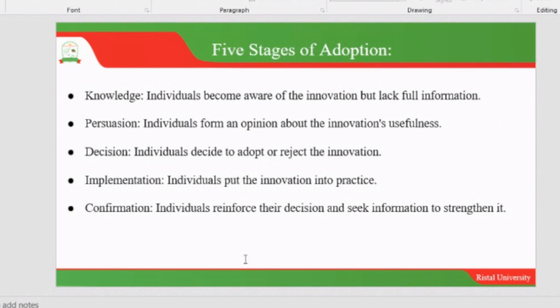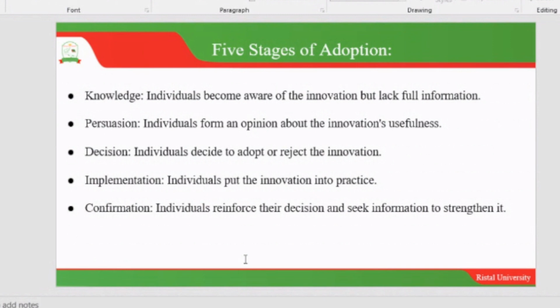So if you're bringing in a telemedicine application that enables users to access consultation of doctors in the comfort of their homes, in the first stage, people are going to be aware of that innovation but lack full information, perhaps of how it works, of the problems that come with it, of its cost. So they are not yet very sure about your innovation.